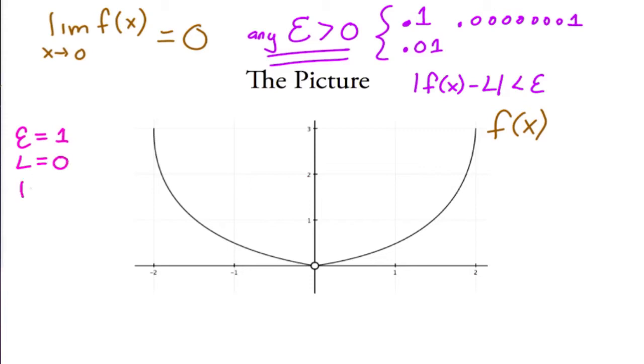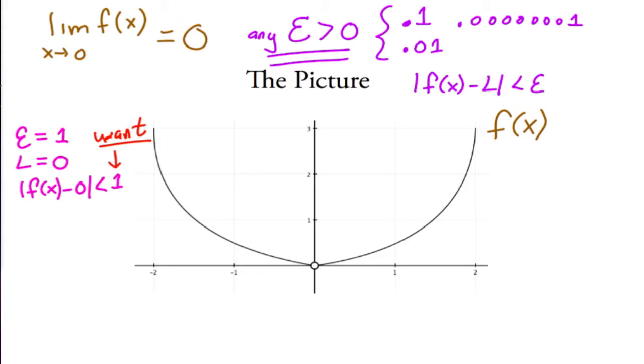Now, this guy right here, f of x minus L, or f of x minus 0, we're saying that we want it to be less than 1. So this is what we want right here. We want f of x minus 0 to be less than 1.